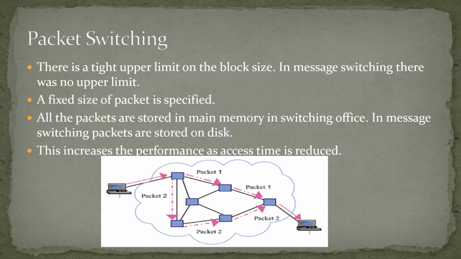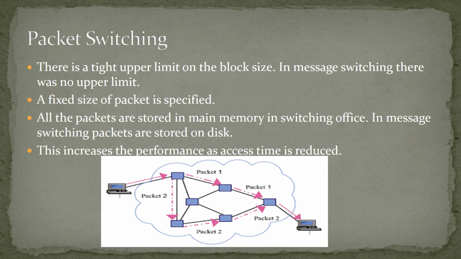There is a limit, because generally the packets are of equal sizes. A fixed size of packet is specified according to the bandwidth, according to the speed that is coming over the network. The size of the packet is determined, and likewise the packet is formed.